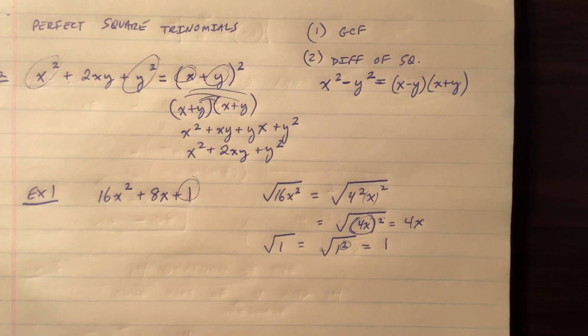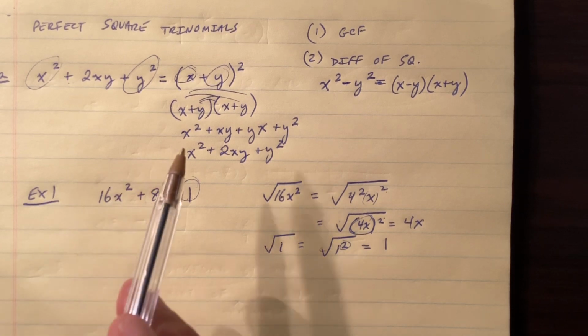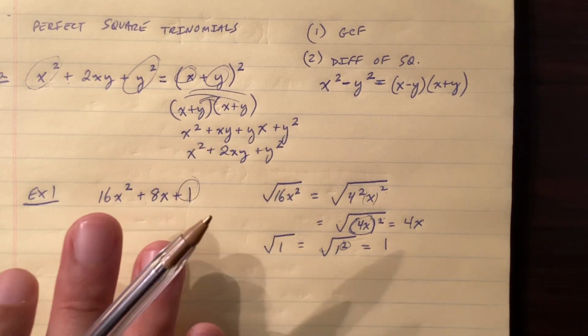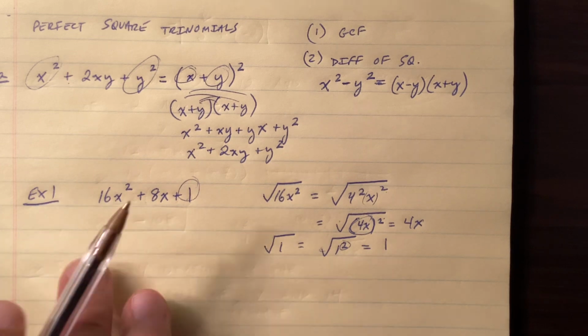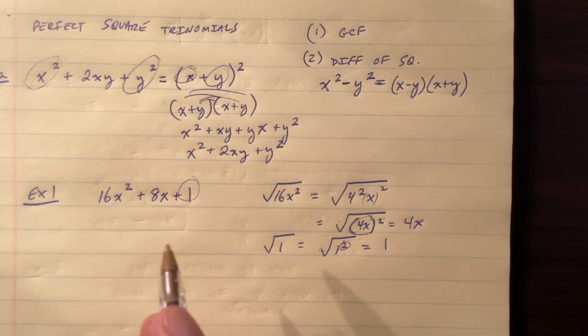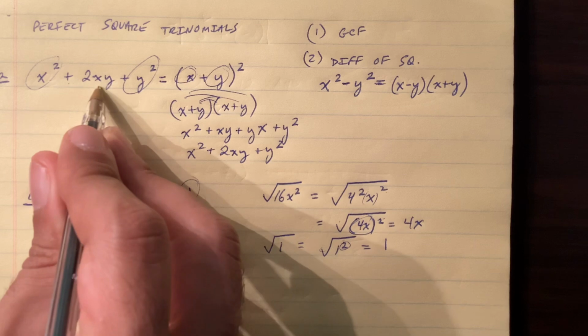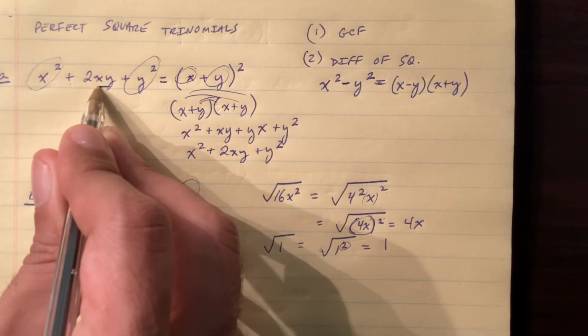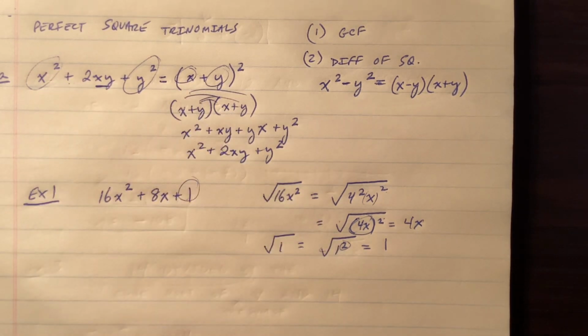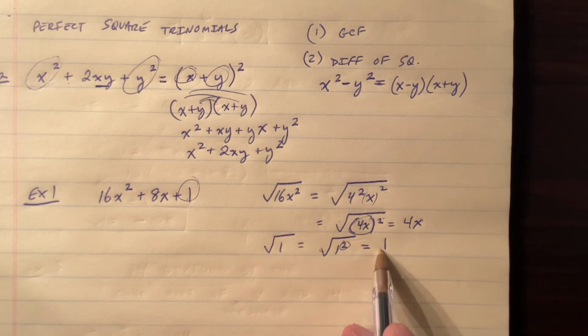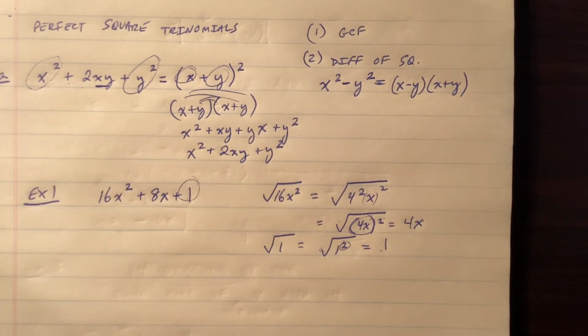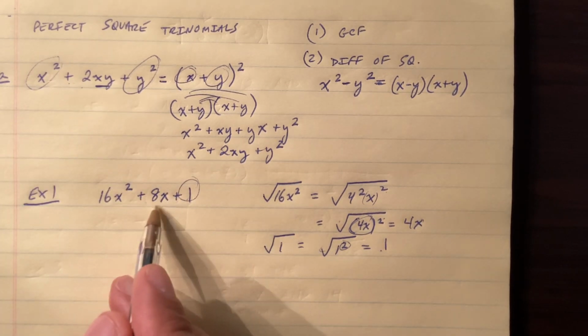Now, the real thing that's going to tell us whether this applies for the perfect square trinomials factoring technique is if we take the product of the first and the last term once we've taken the square root, and if we multiply it by 2, if we get this.